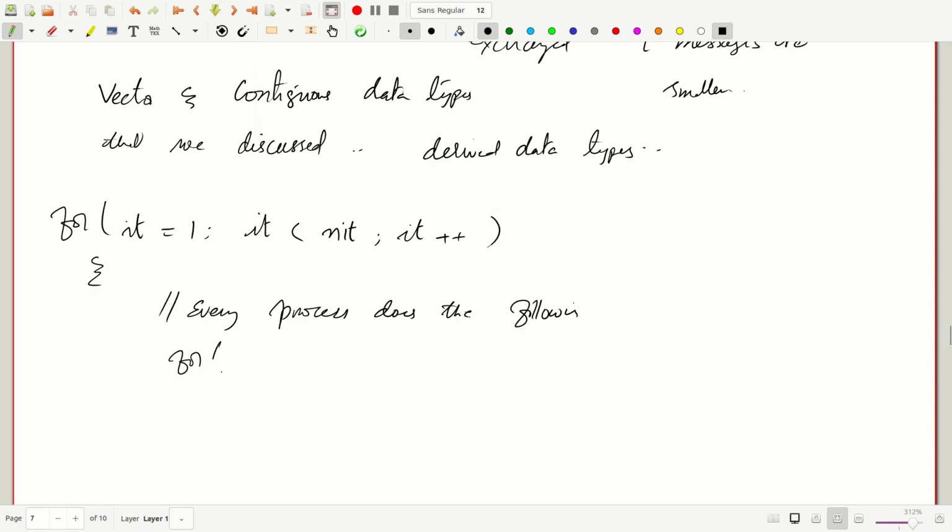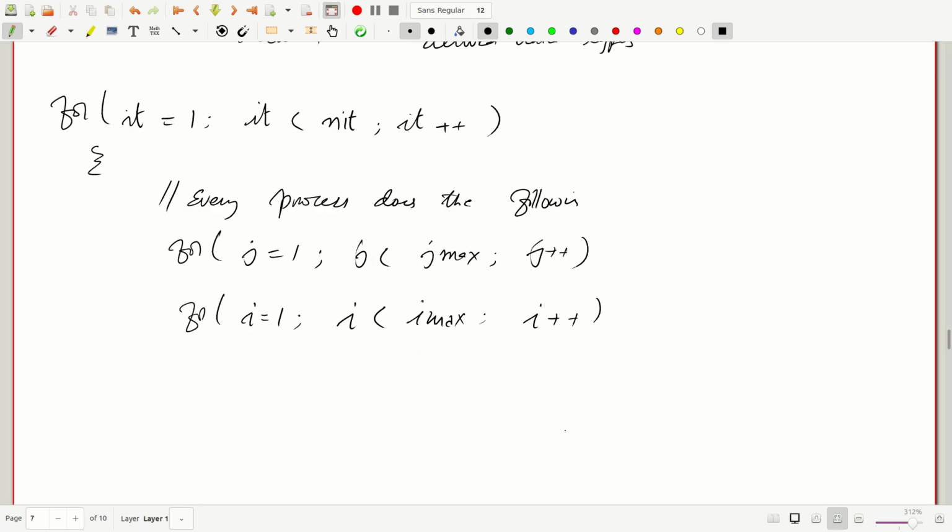What do we have to do? We basically have to look at for j equals 1 or 0, and then j less than j max, whatever is the max value for j, and then for i equals 1, i less than i max, i plus plus, right? So we have these two.